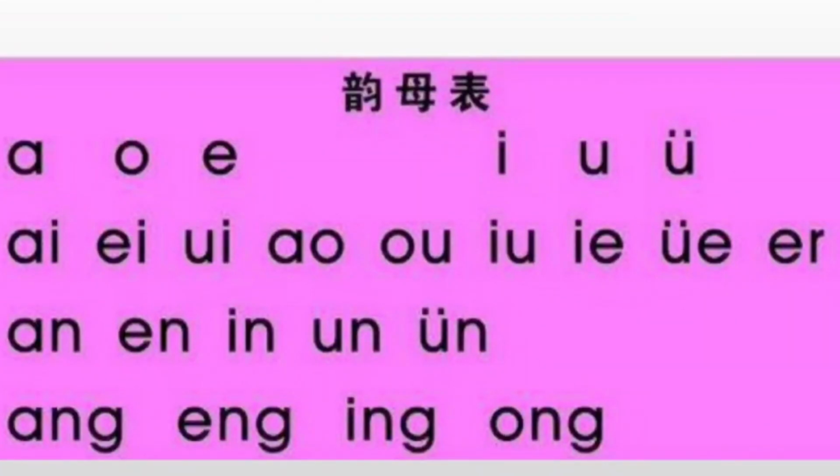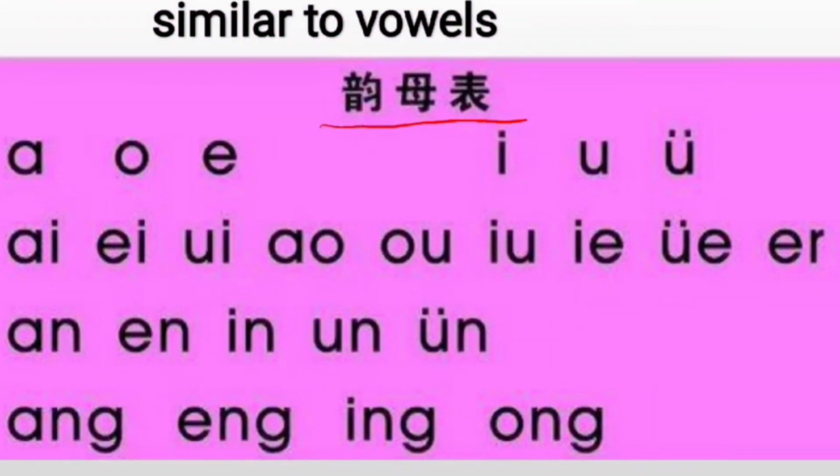韵母表. This looks similar to the vowels and the 2 letters that make one sound. So you can read after me. A, wo, I, U, Ü. If you make this sound, pay attention to A. Here it sounds like ah, open your mouth big.